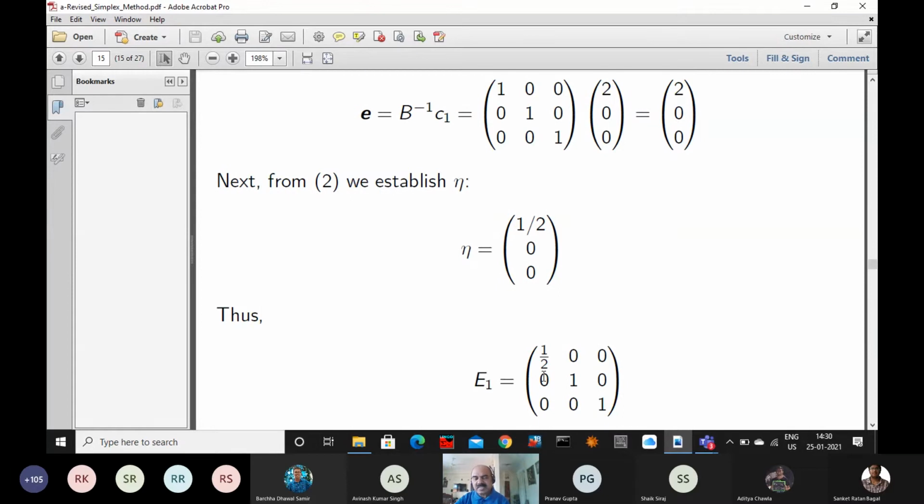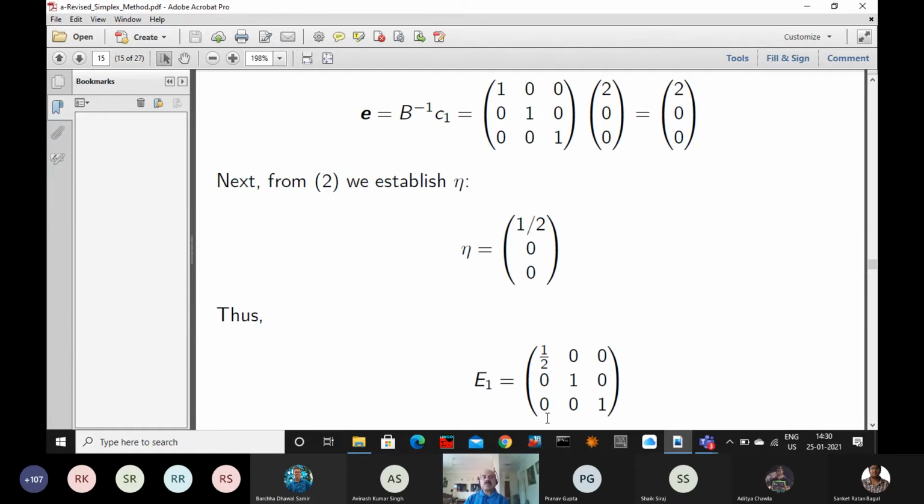Now we have an E1 matrix. It is very similar to the identity matrix. The first column we replace with eta. The elements are half, 0, 0, and the other 2 columns are 0, 1, 0 and 0, 0, 1. So E1 you have got. And what is this inverse? E1 into the inverse gives the identity matrix, so in E1 there is no change.